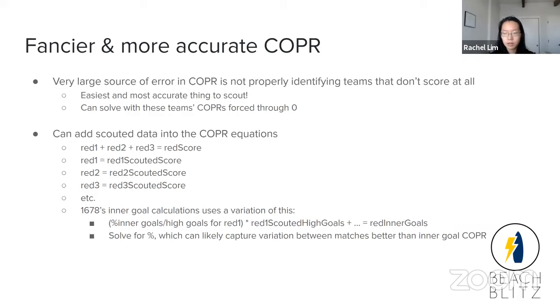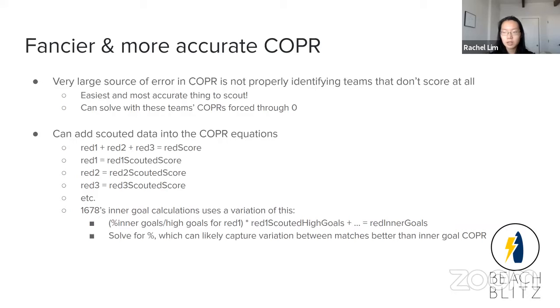So you can do stuff like this that can really help capture more of the variation between matches, which I think is really the biggest weakness of OPR. Because the basic assumption is that teams score the same in every match, which if you look at scouting data is really not that good of an assumption. Taking into account scouting data can really help.